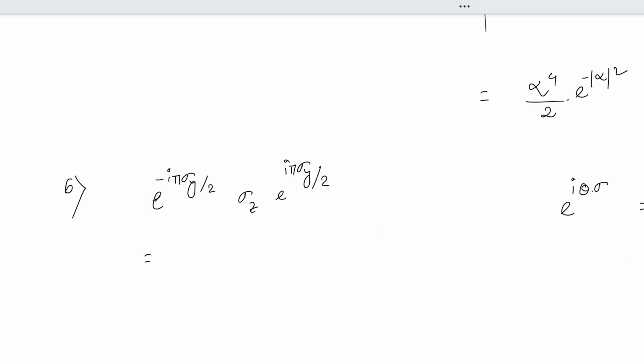So this is basically e to the power of I theta sigma vector dot n cap. Now this sigma vector dot n cap in our case is sigma y, so n cap must be y cap. Here theta is equal to pi by 2, and here theta is equal to minus pi by 2.